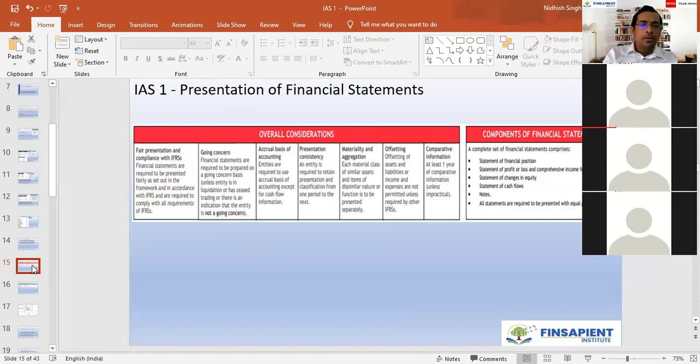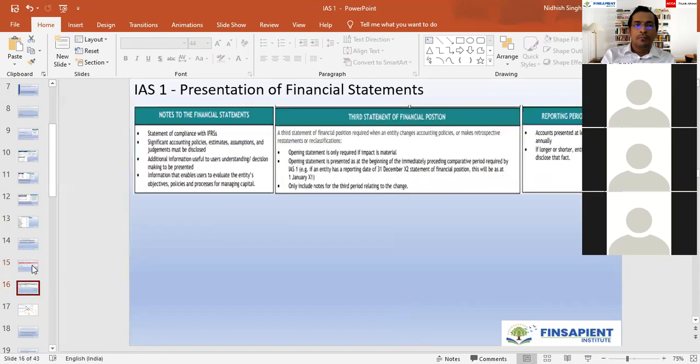So this is the quick table for reviewing fair presentation requirements: going concern, accrual basis of accounting, presentation consistency, materiality, offsetting, and comparative information that we discussed. What we should cover in the notes of financial statements is that we are compliant with IFRS. Also, that we are compliant with the Companies Act.